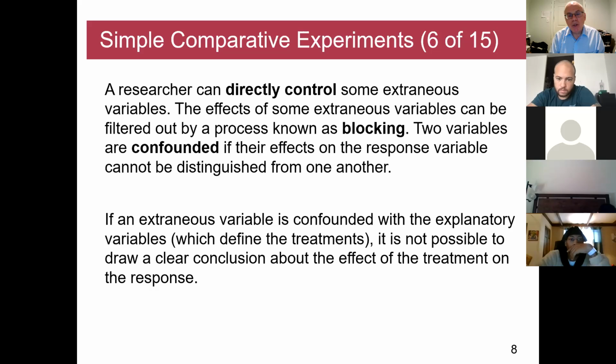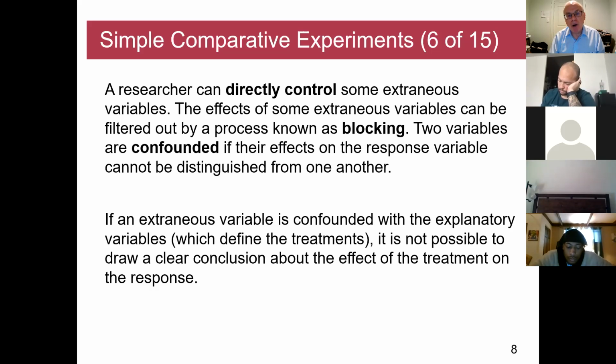Another way of doing it is this thing called blocking. And what blocking basically says is, all right, we can't keep this extraneous variable fixed, but what we can do is create groups based on it. For example, you may think that gender matters, and I'm being naive here, but let's just say males and females. Obviously, you can have more groups, but let's keep it simple: two groups, males and females.